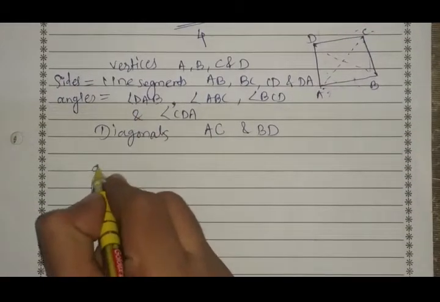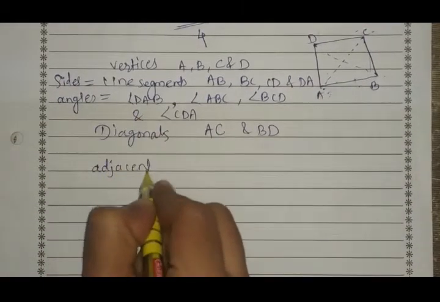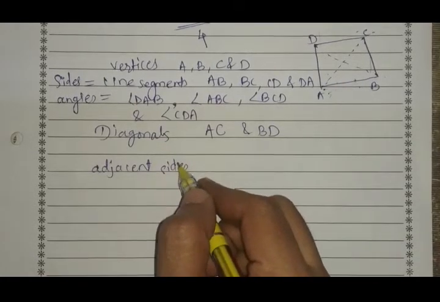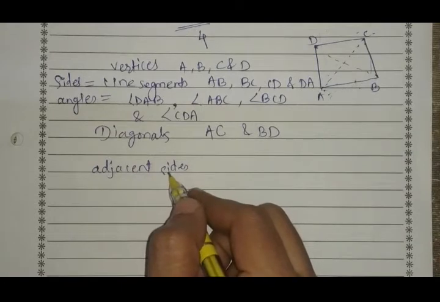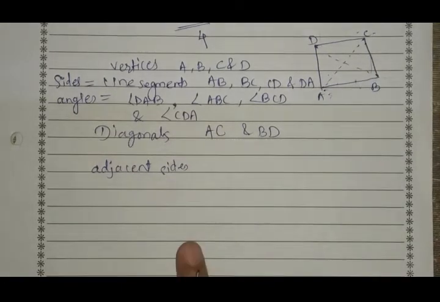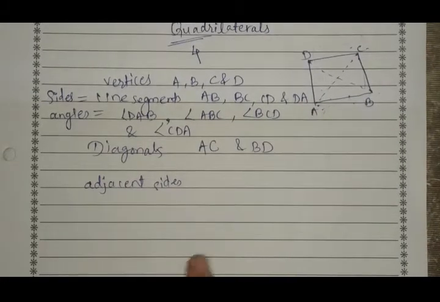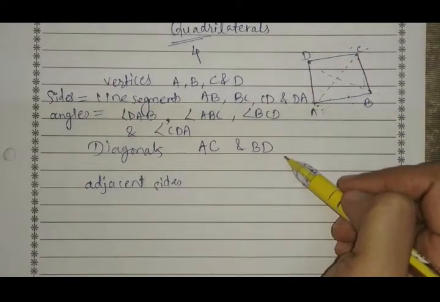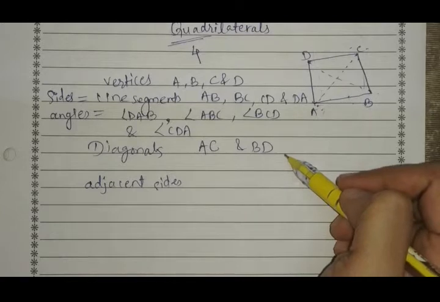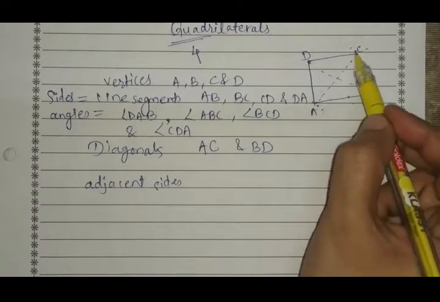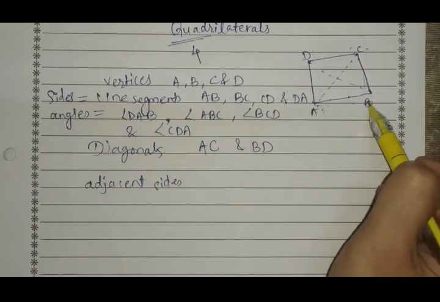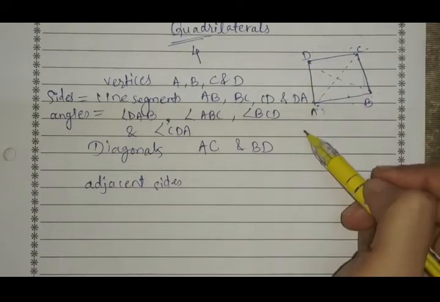Next we are having adjacent sides. So what are adjacent sides? A quadrilateral has adjacent sides if they have a common end point. Like you can see here AB and AD, these are two adjacent sides. Again there is a pair AB and BC, and again BC and CD.